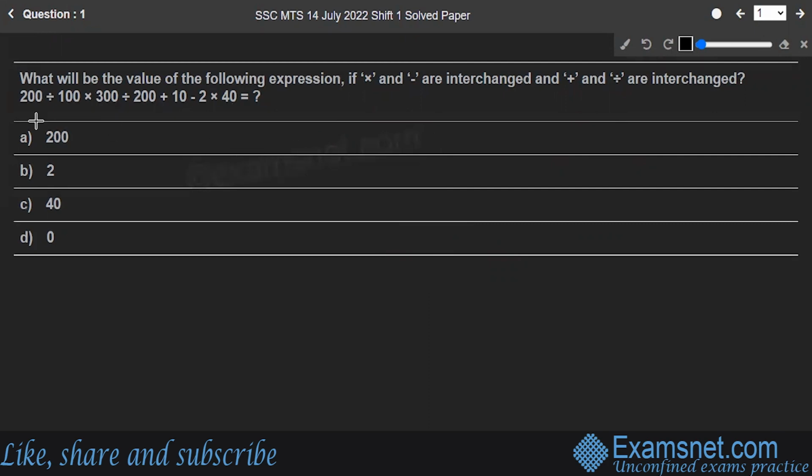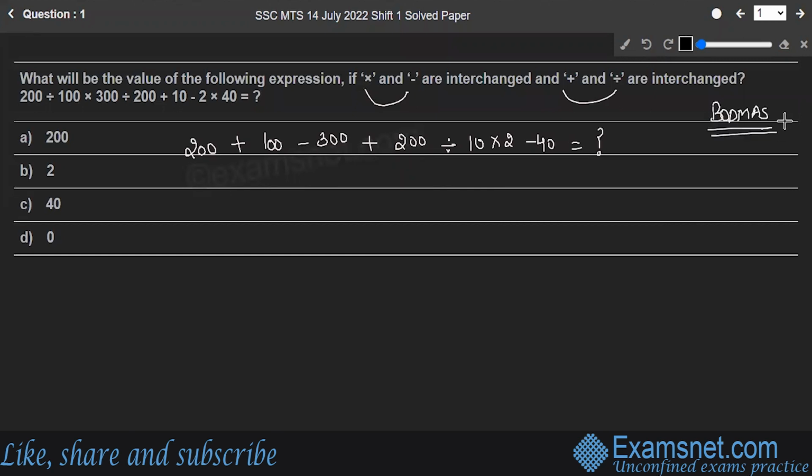First of all, after interchanging the signs multiply and minus, plus and divide, the equation becomes 200 plus 100 minus 300 plus 200 divided by 10 multiply 2 minus 40 is equal to what? According to the BODMAS rule, all algebraic equations are solved using the BODMAS rule only.